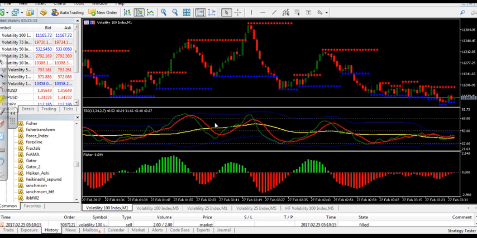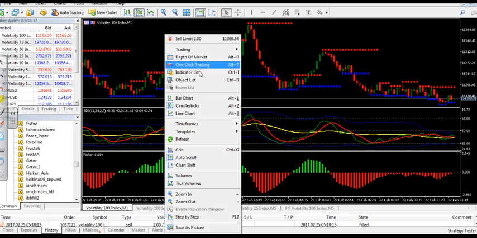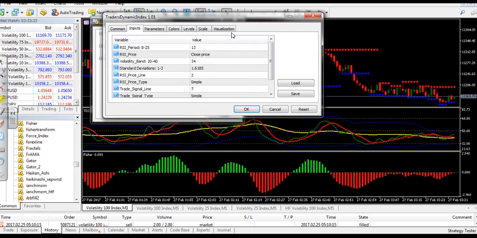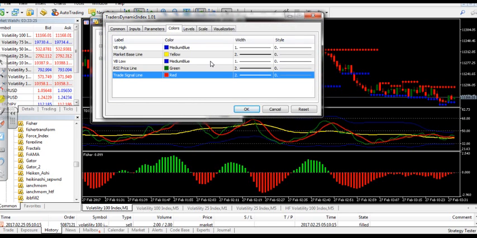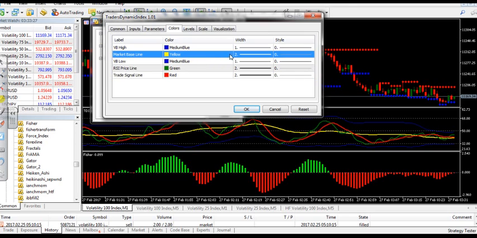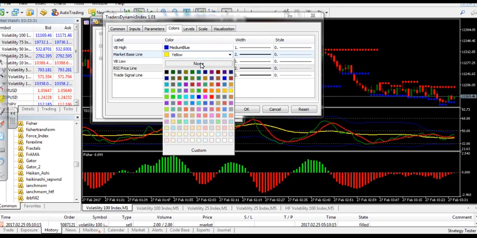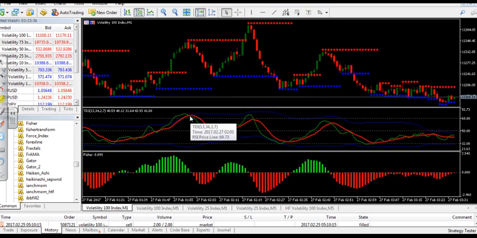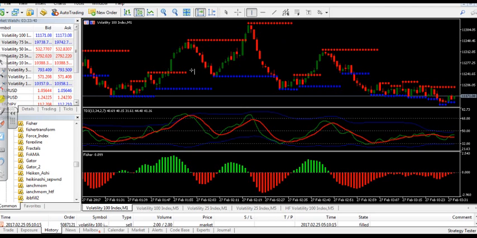Now another way you can actually filter this TDI into making very good results for yourself is this. You can come here and you remove the yellow color. You put it at none, so that you can always enter from just the crossover.